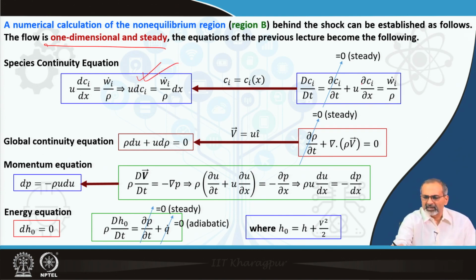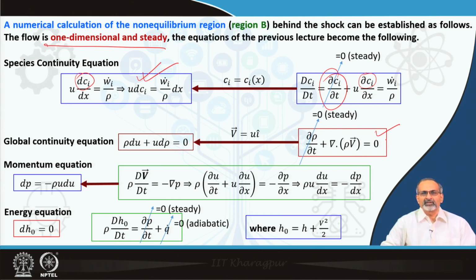In the substantial derivative, the time dependent term will go away. Further, because it is a one dimensional problem, the derivative will become an ordinary derivative in place of a partial derivative. Therefore, you write it now in this form. Similar simplifications will happen in the other equations too.